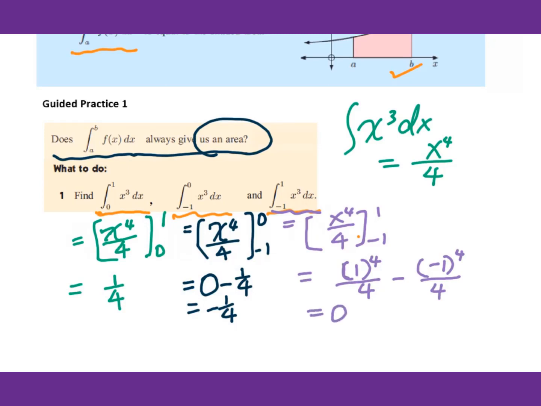When we figure out these definite integrals, we get 1 over 4, -1 over 4 and 0. As we know, area can never be negative or 0. Therefore, this definite integral doesn't always give us an area.